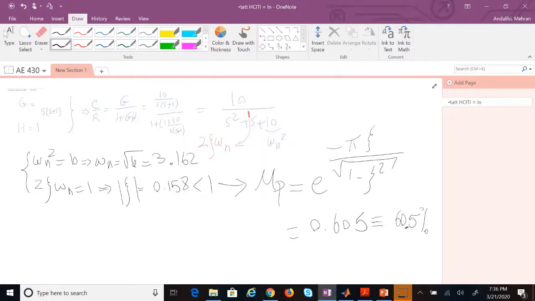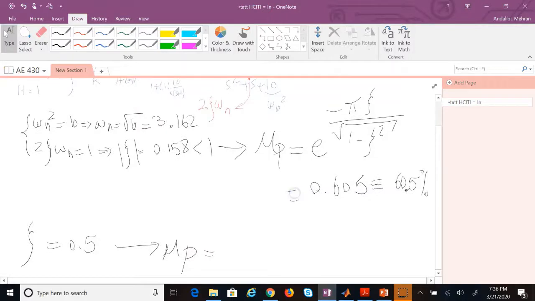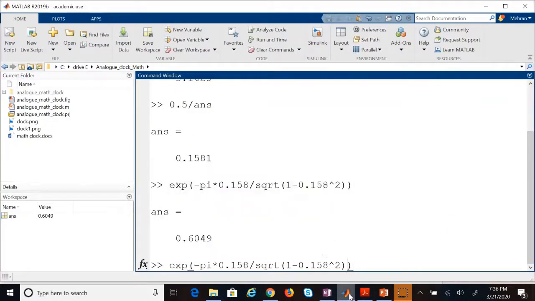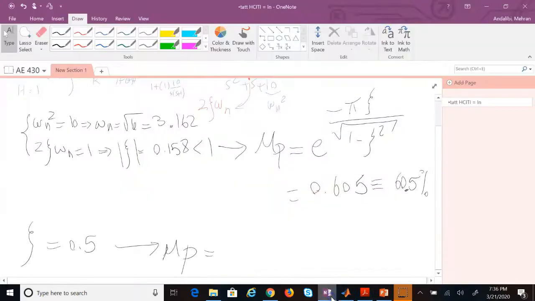So the system now says, well, I don't want that. I want you to go to a zeta equal to 0.5. 0.5 translates to how much overshoot? If you recalculate this Mp using 0.5 instead, you see that it's only 16%.